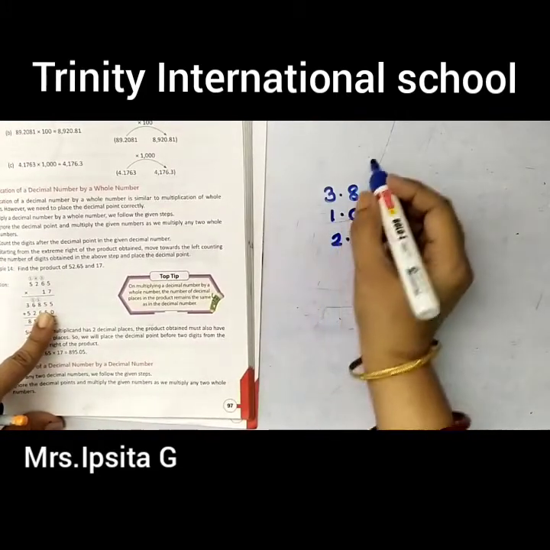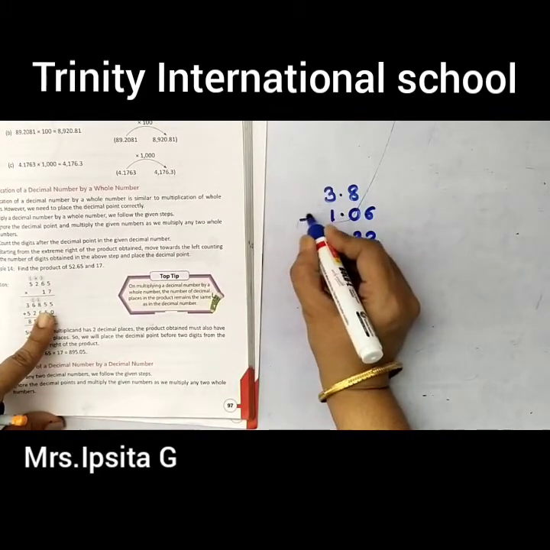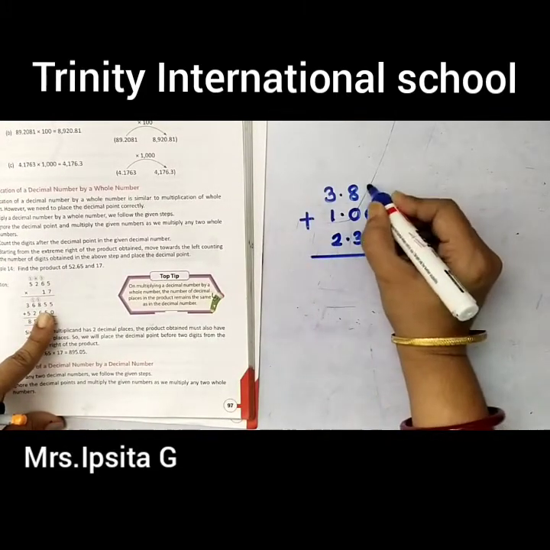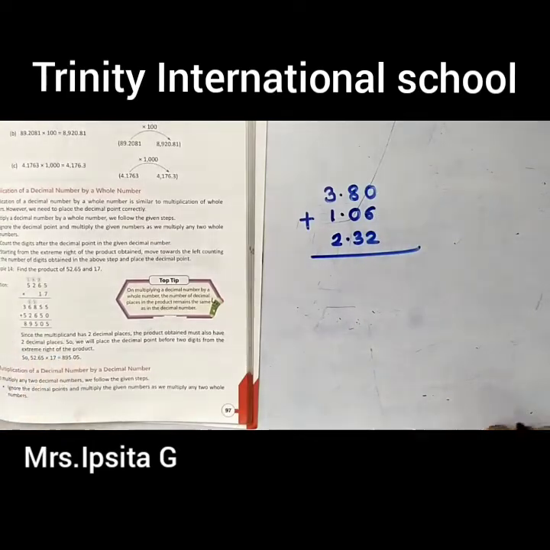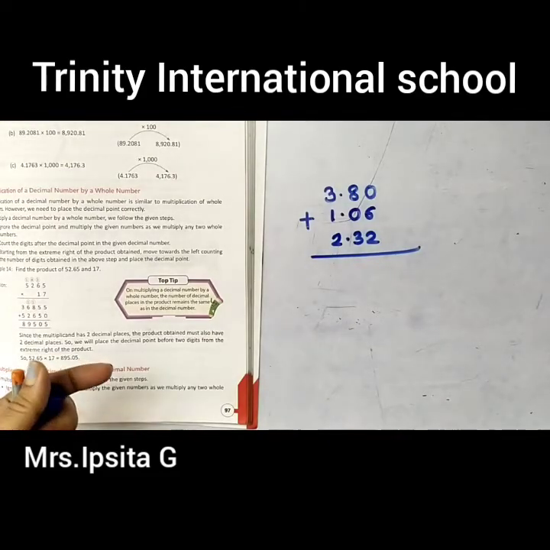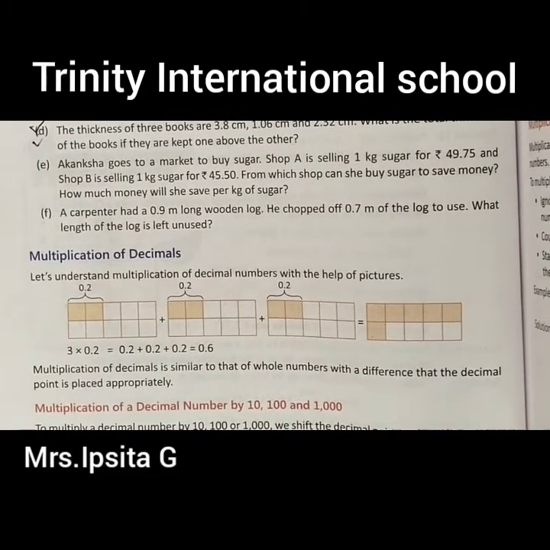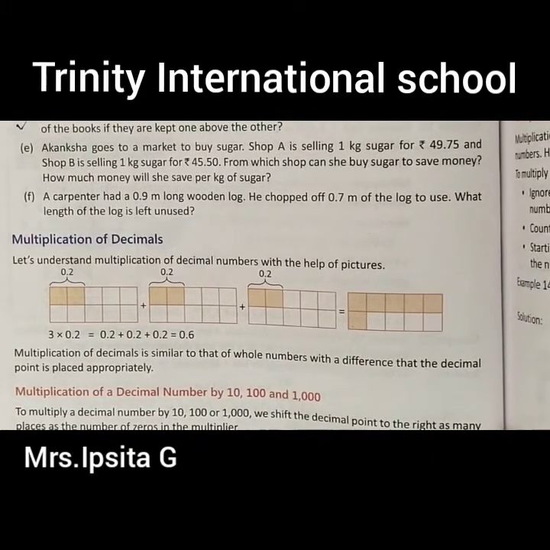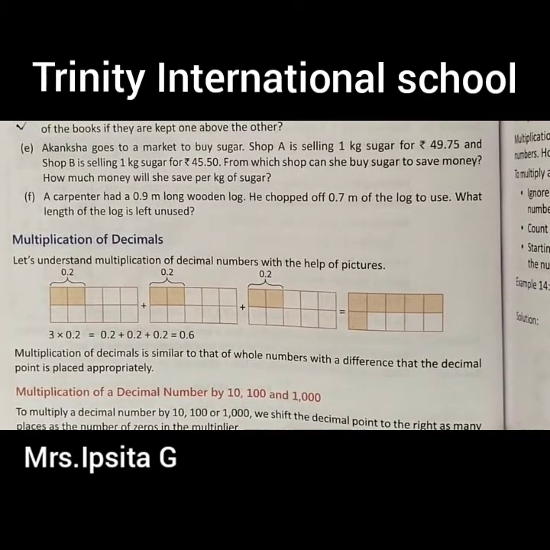Now see, I have written all the numbers and then add it, put 0 here, and now you can easily add these 3 numbers and you will get the total thickness. Now next question. Akanksha goes to a market to buy sugar.